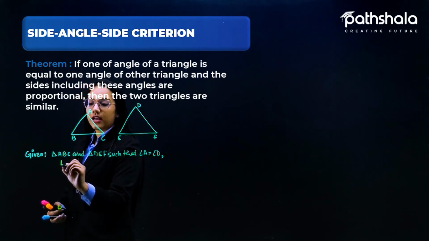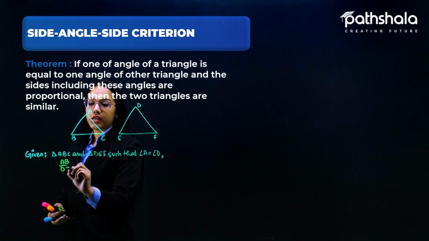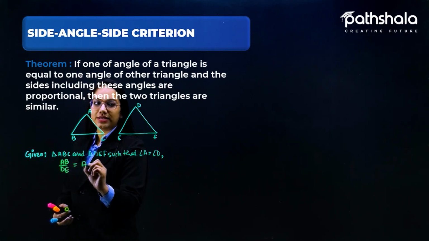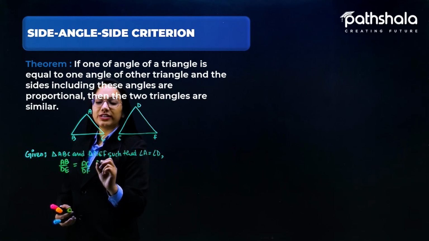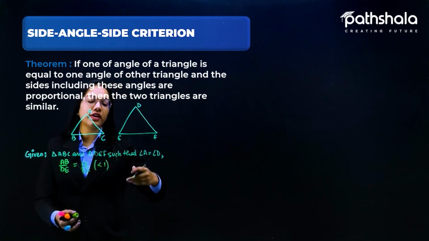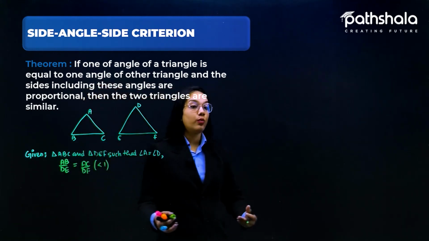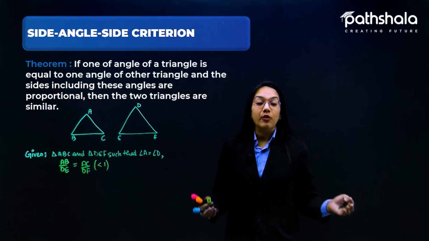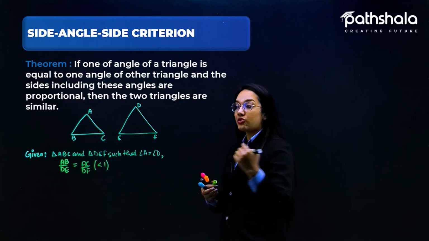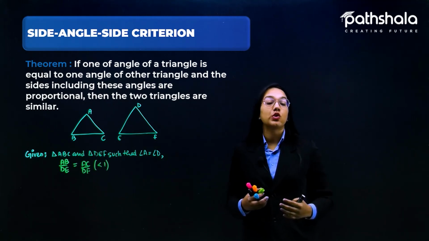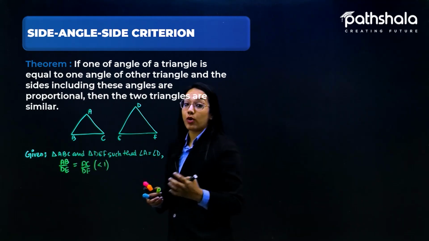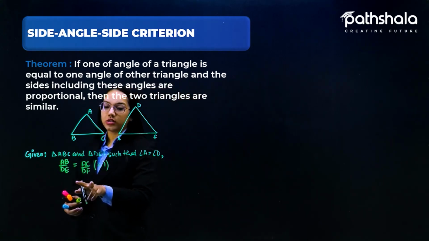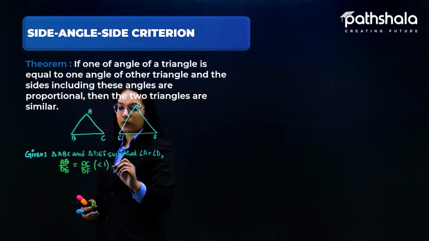So it implies that AB by DE is equal to AC by DF, and always take this ratio as less than 1. Whenever we write these ratios in such a format, these ratios are always less than 1. This is already given to us.